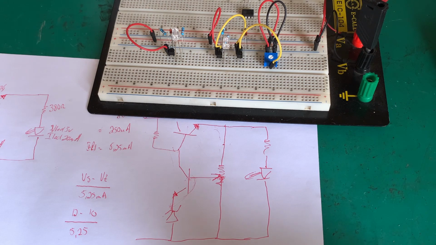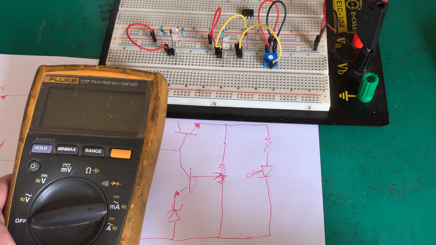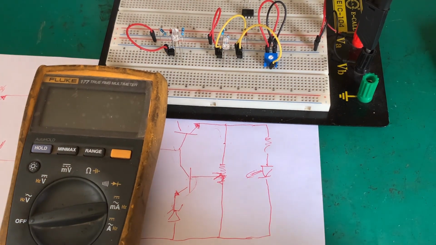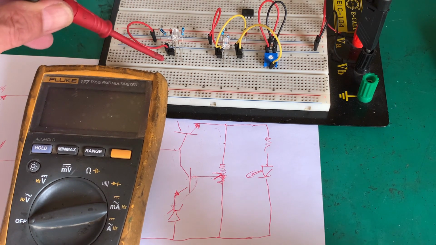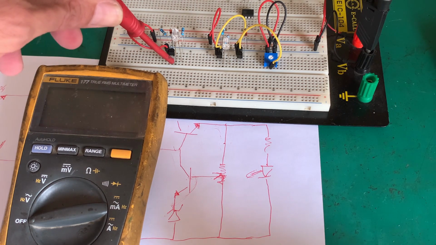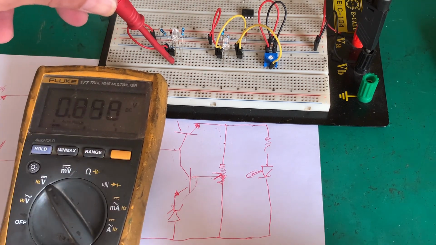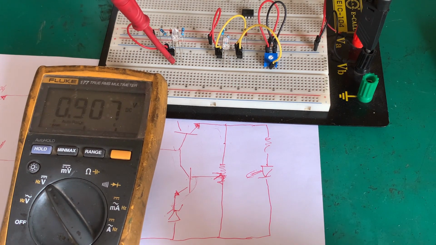So let us get our multimeter out and let us take some measurements, because measurements are the thing that counts. So what I'm going to do, I'm just going to switch my power supply voltage all the way down, and what we will measure is the output over here of the voltage regulator, in other words the output that's driving the LED.